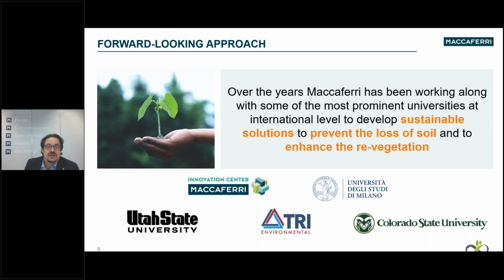Erosion control is something that MACCAFERI has dealt with for years, and we also improve our knowledge about our solutions and develop sustainable solutions to prevent soil loss and enhance vegetation growth, thanks to tests done by TRI Environmental, Colorado State University, and also research that we asked of the University degli Studi di Milano.